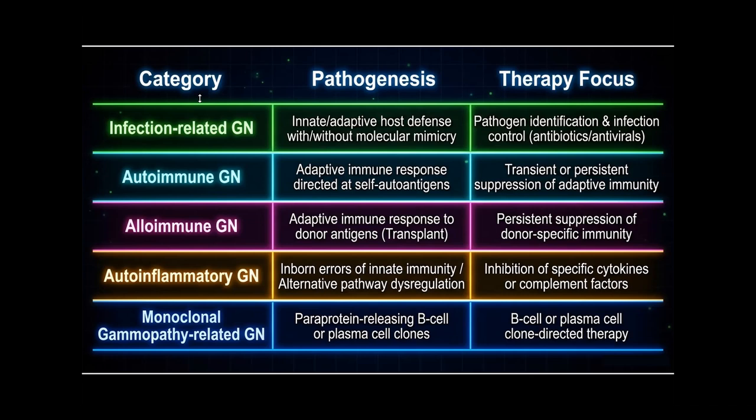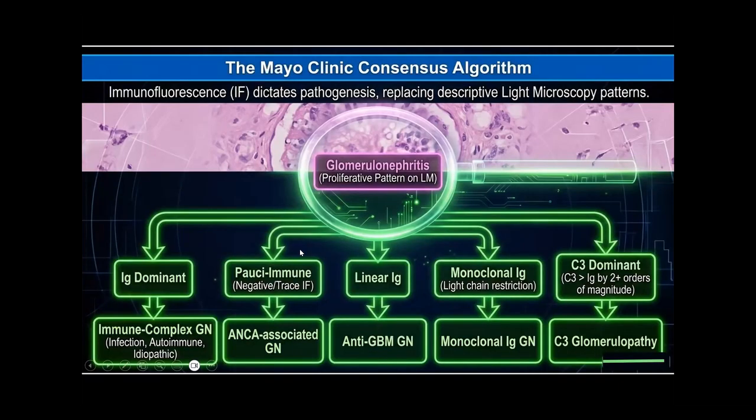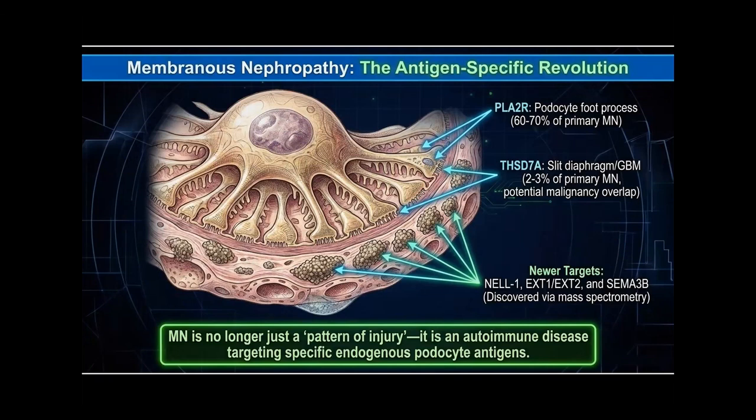As I told you now, the infection-related glomerulonephritis, Ig dominant, pauci-immune, linear Ig, monoclonal Ig, C3 dominant. Why do I need to differentiate? The treatment is different.